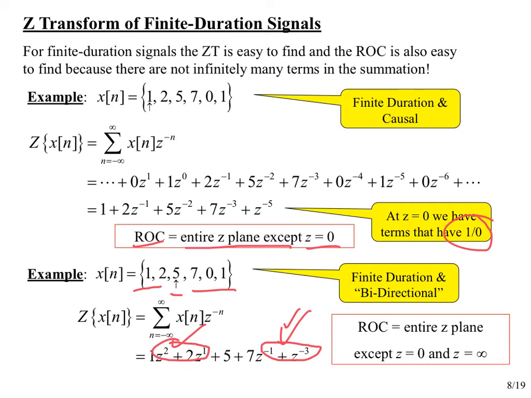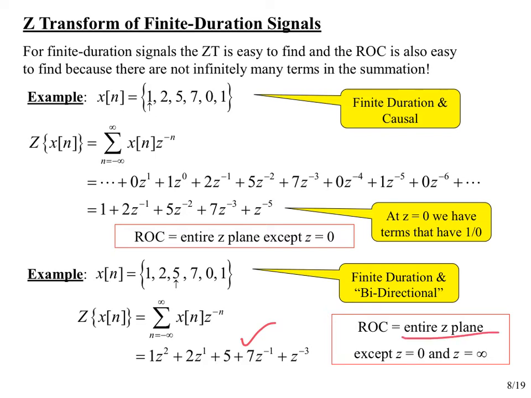So we end up being able to say that we have a scenario here where we have this result that is valid on the entire z-plane except z equals 0 and z equal to infinity. So 2 simple examples kind of showing how we can determine the region of convergence for finite duration signals.